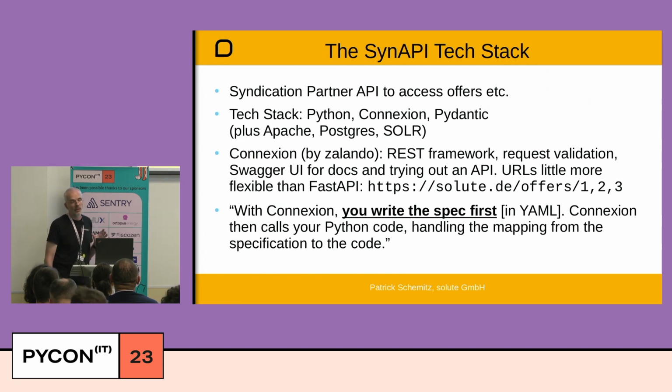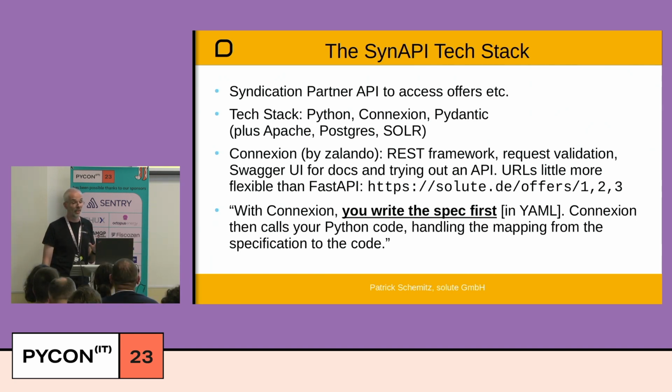Connexion is developed by Zalando, a rather large Berlin-based fashion online shop. It's a REST framework that does request validation and provides a nice Swagger user interface which our partners can use to explore the API. It is apparently a bit more flexible when it comes to request URLs.